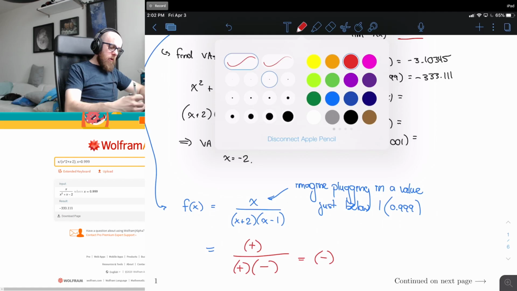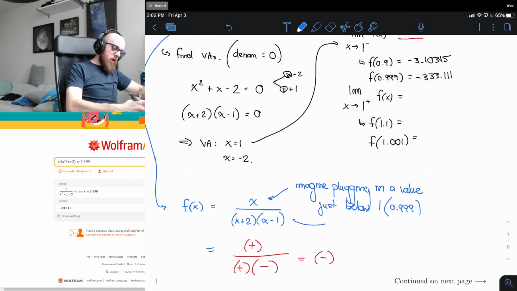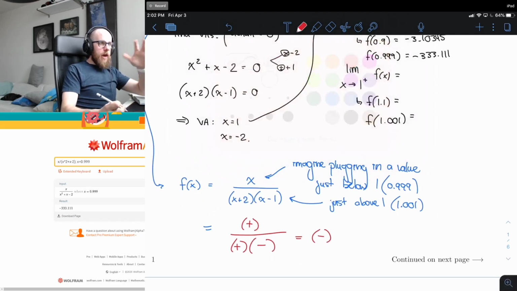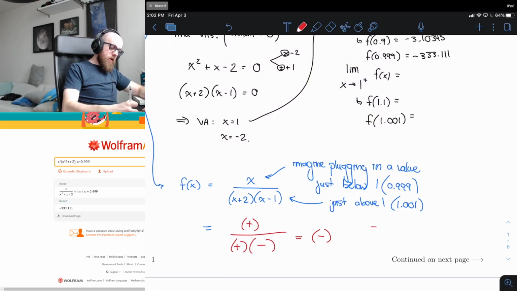Now what would happen if we plugged in a number just above 1, say 1.001? We could do this on Wolfram Alpha or type it into a calculator, or we could do this hand-wavy approximate way. My numerator is still positive. 1.001 plus 2 is positive, and 1.001 minus 1 is positive as well.